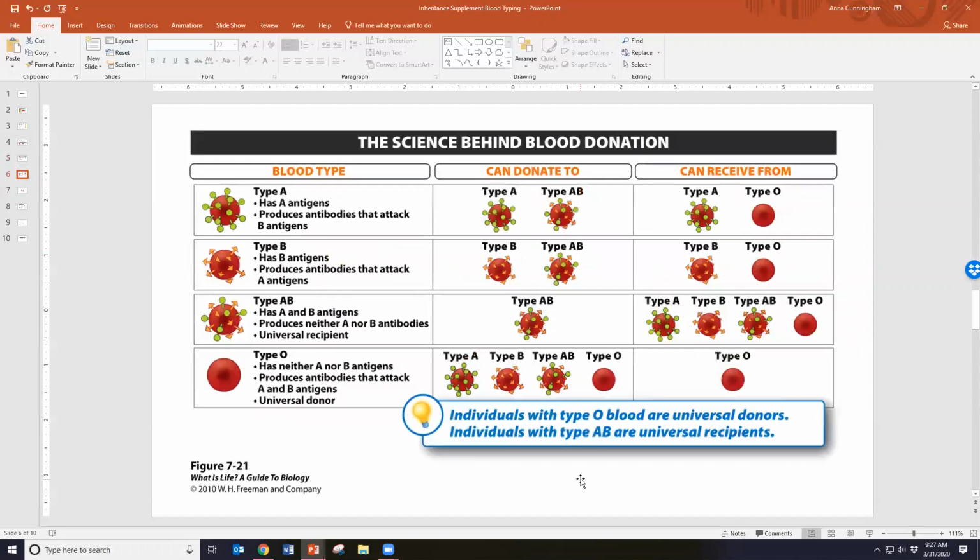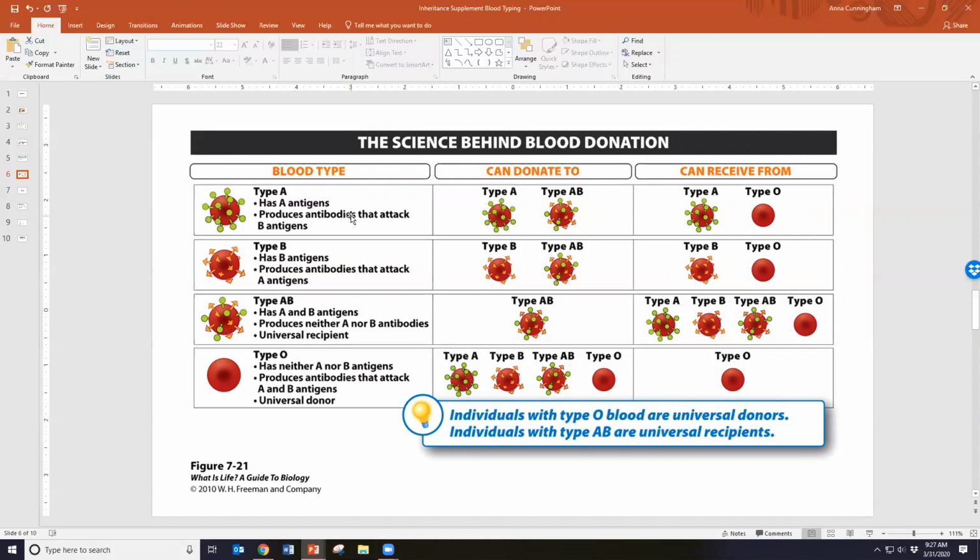So here is a very big slide, but it gives you all of this information about blood donation. Again, you can see type A blood has type A antigens, and produces antibodies against the B antigen. So a person with type A blood would have antibodies against any blood cell that has the B antigen present.